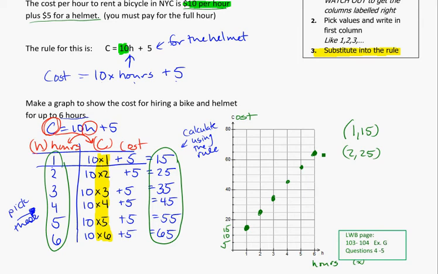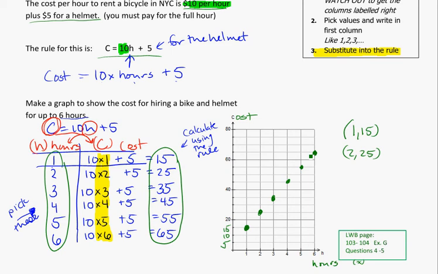So from the rule, C is equal to 10h plus 5. I recognize that that was 10 times the number of hours plus 5. And I was able to then make a table with the hours going down the left-hand side and calculate what the cost was going to be for each hour, and then put those points together onto the line. So that's exactly how we go about linking the rule to the graph or to the table.